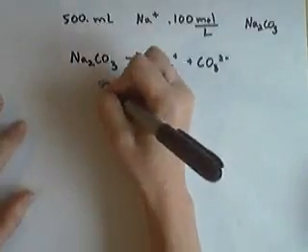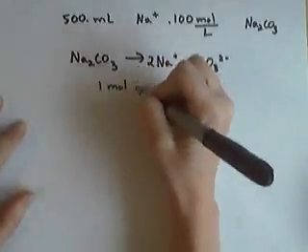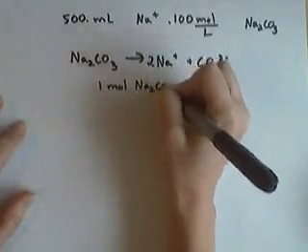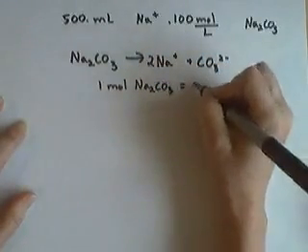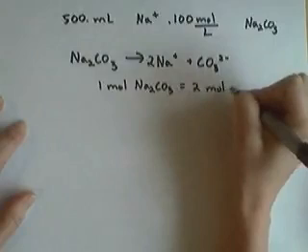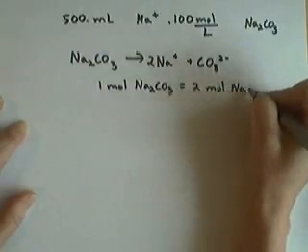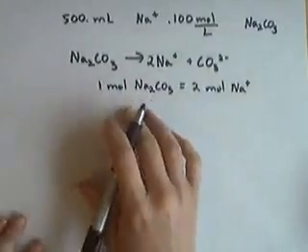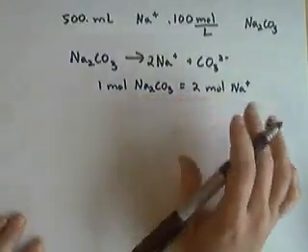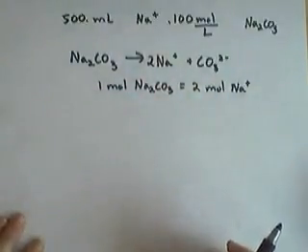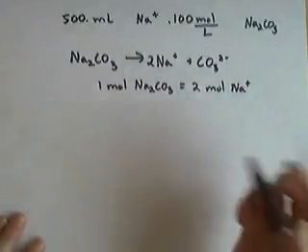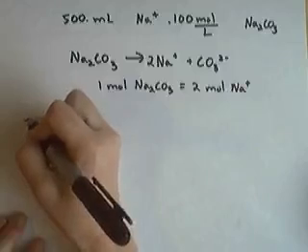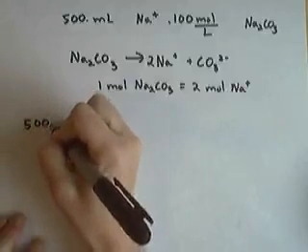So we can write a conversion factor that says 1 mole of sodium carbonate equals 2 moles of sodium ion. This is how we can convert from the moles of sodium carbonate we're starting with to moles of sodium ion. So let's start off with finding out how many moles of sodium ion we need. Then we can talk about the sodium carbonate.